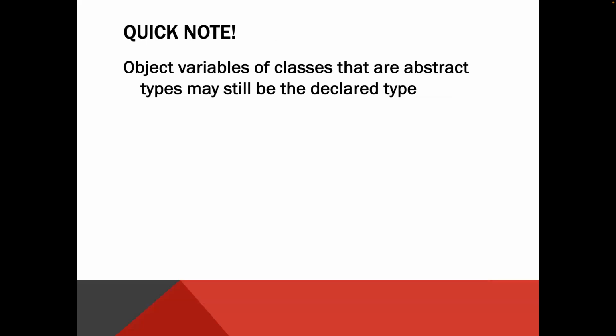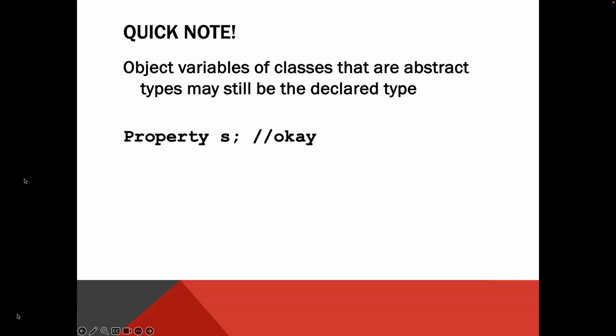I mentioned this before, object variables of classes that are an abstract type can still be the declared type. It can be on the left side of the variable. So here we can say property, we could say closed shape, whatever, that's okay. What we can't do is say property S, assuming that property is our closed shape, equals new property.